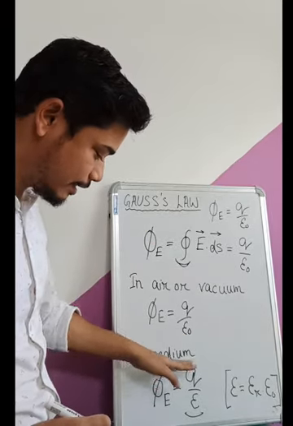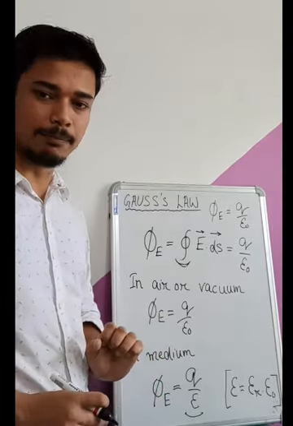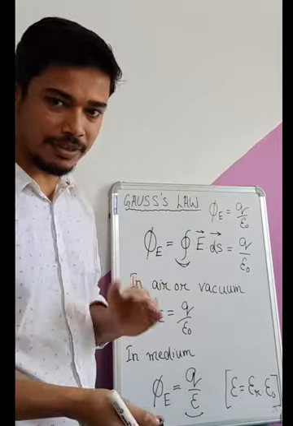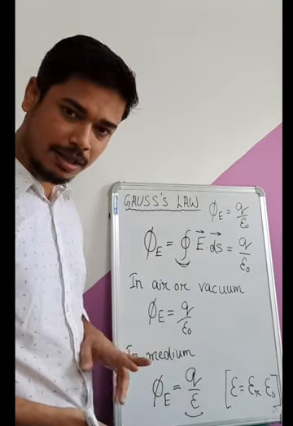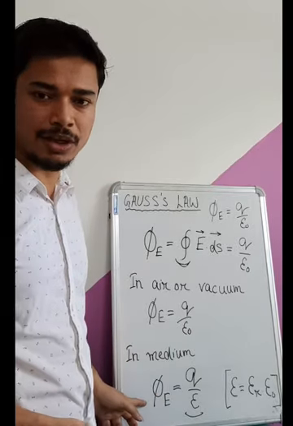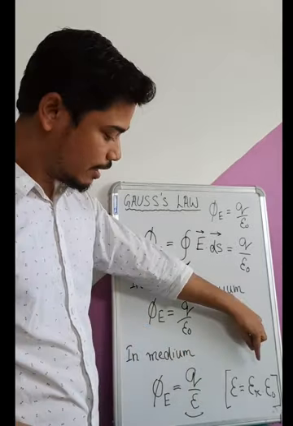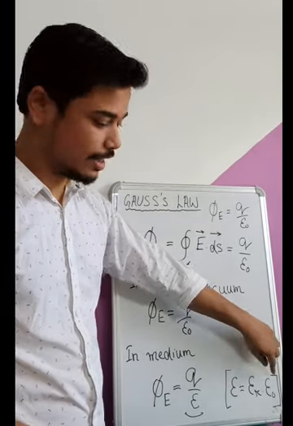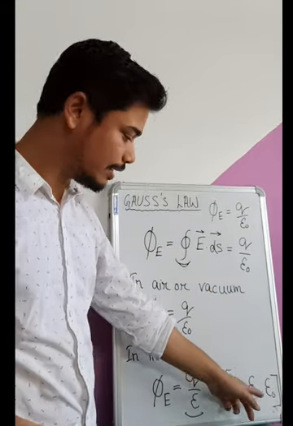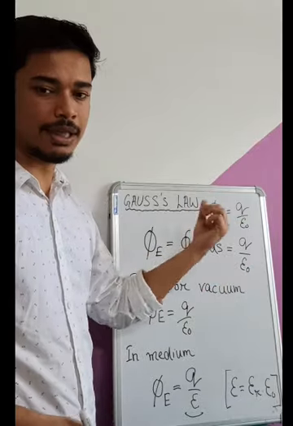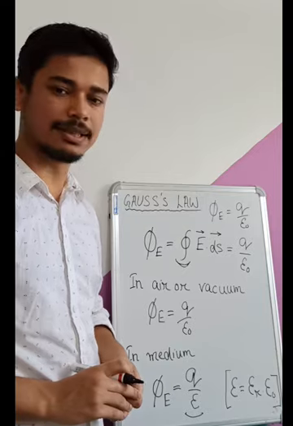For that medium the permittivity is epsilon, so the electric flux should be q by epsilon, where epsilon is equal to epsilon r into epsilon naught. Here epsilon r signifies the relative permittivity, and epsilon naught is the absolute permittivity of free space.